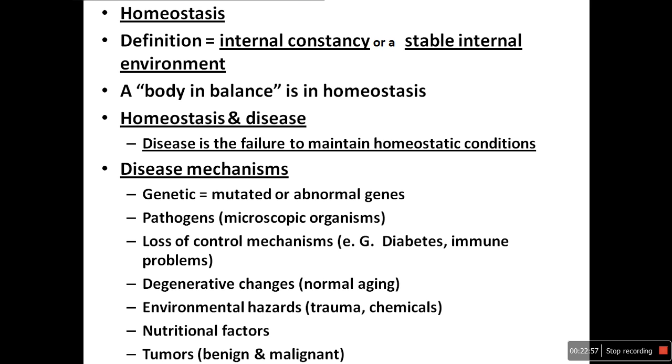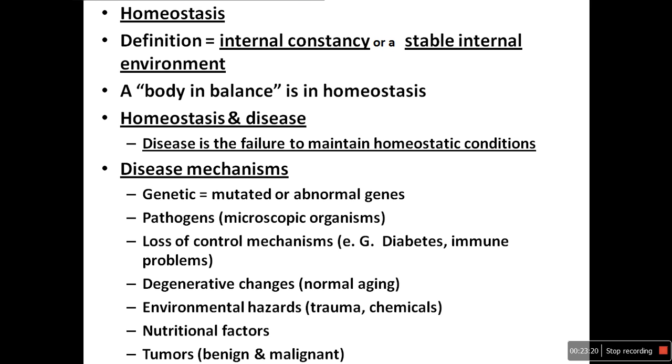Homeostasis. What is homeostasis? The definition of homeostasis is internal constancy, or a stable internal environment. Homeostasis is the stability of the internal environment.